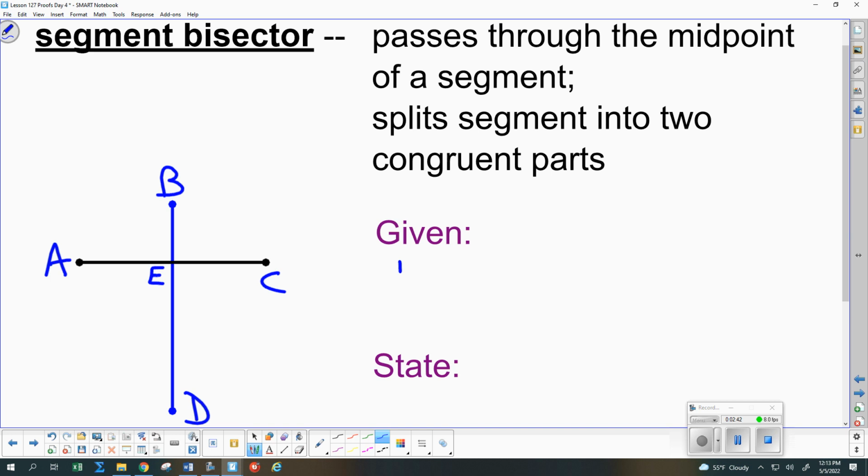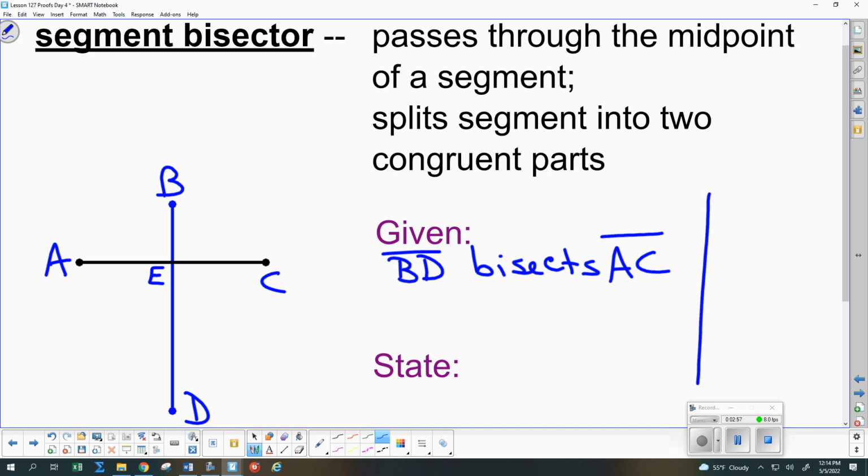So if we are given BD bisects AC, BD cuts the other one in half. That means it cuts it into two equal parts.